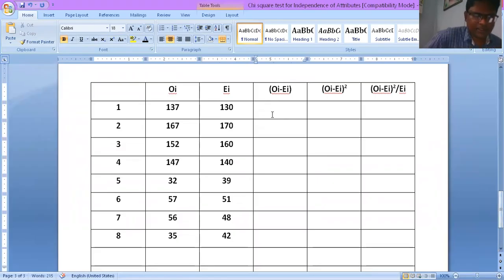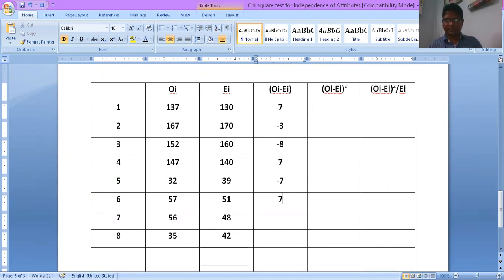Let us calculate the remaining columns. O minus E, first prepare this column. 137 minus 130 is 7. 164 minus 170, that is minus 6. Next, 152 minus 160, that is minus 8. Next, plus 7. Next, minus 7.